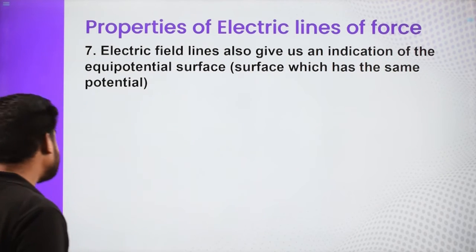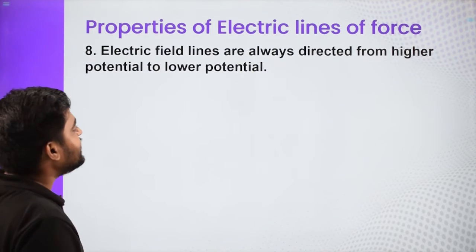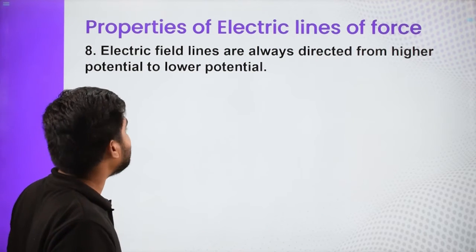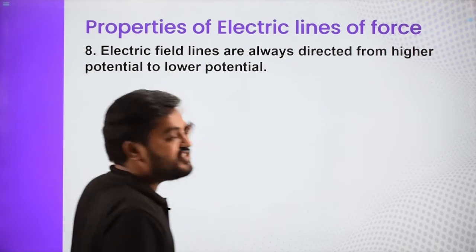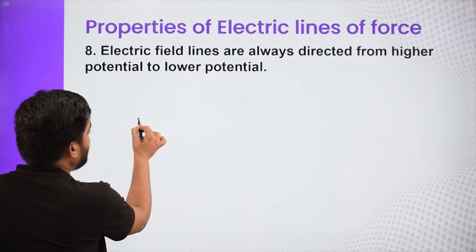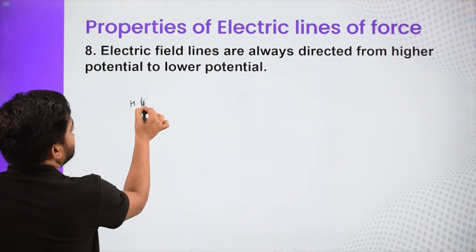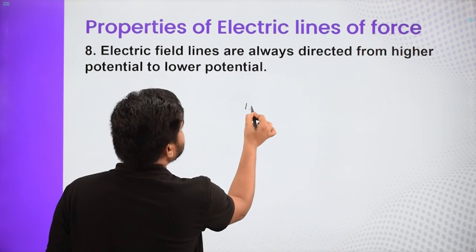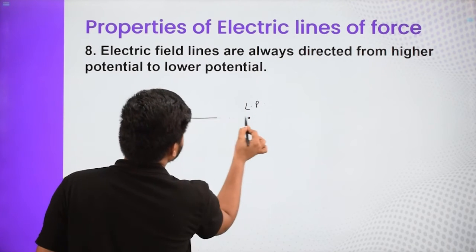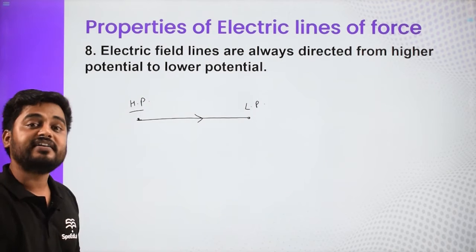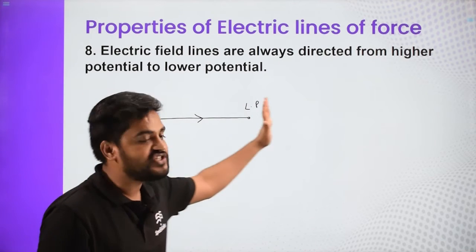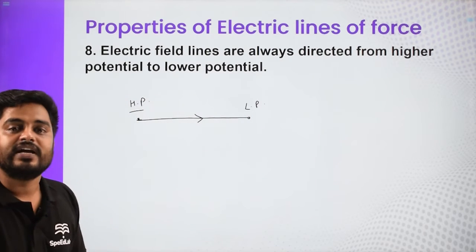So how are potential and electric field lines related? We'll say electric field lines are always directed from higher potential to lower potential. Meaning if this point has higher potential and this point has lower potential, then the electric field lines will go in that direction. Alternatively, if we go in the direction of the electric field, then potential decreases.